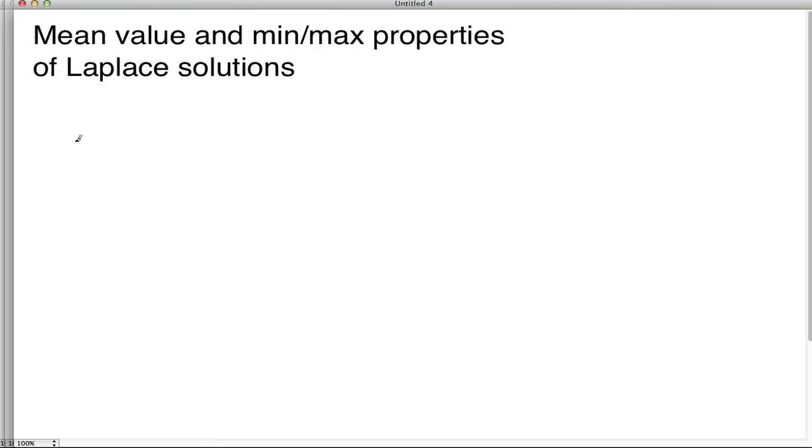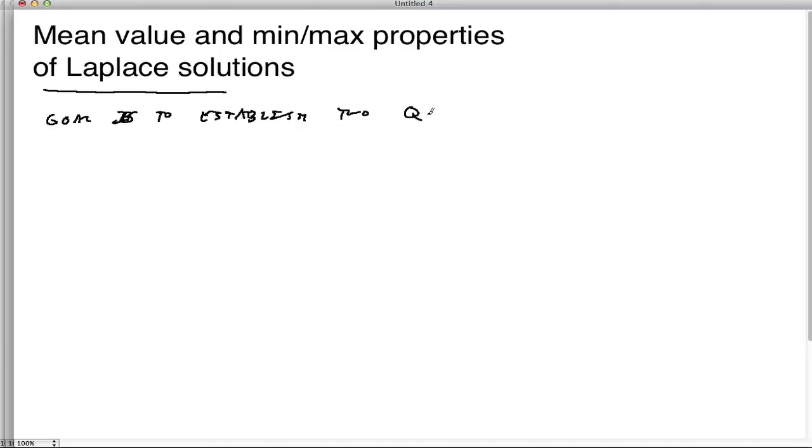Welcome. Today we're going to talk about the mean value and min-max properties of the Laplace equation. So again, the goal here is to establish two important qualitative properties.